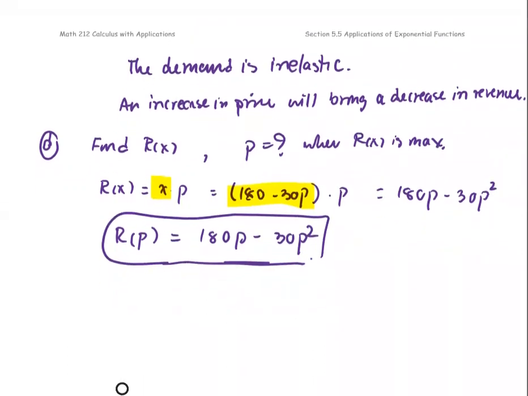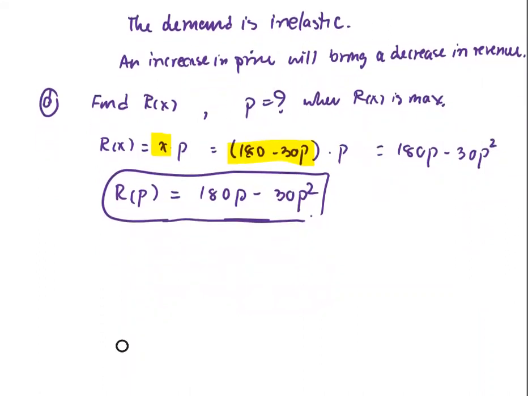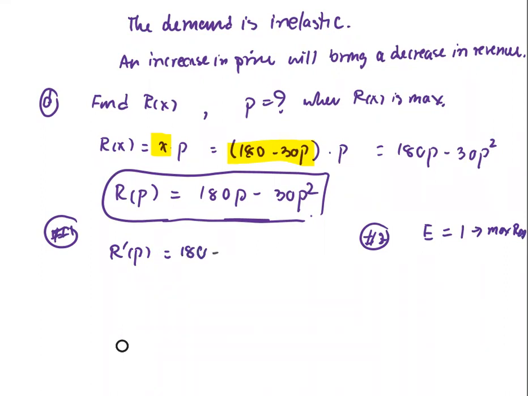And next, we're going to find p when R is maximum. You can use the straightforward way by finding the critical number and setting it to 0. This is option 1. Or option 2, we're going to use the relationship that at unit elasticity, or E equals 1, we get the maximum revenue. So let's start with option 1. We find R prime to get 180 minus 60 times p and set it to 0.